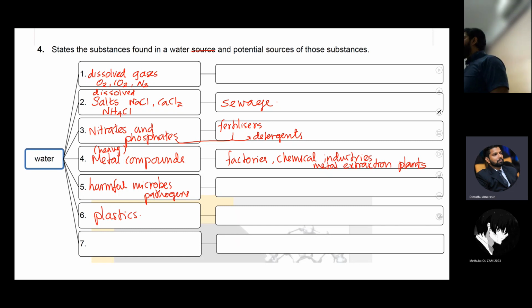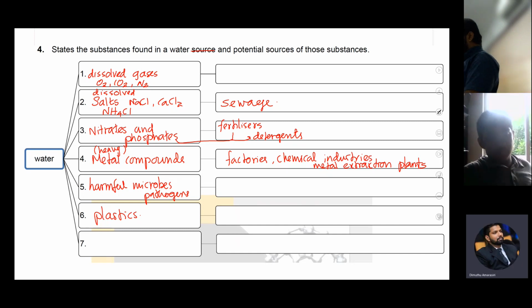But sodium chloride is also a metal compound, and it is good, to make the water isotonic. So pros and cons: write answers according to how they ask the questions. But these heavy metal compounds are very bad. They cause kidney diseases, cancer, heart diseases, a lot of issues.